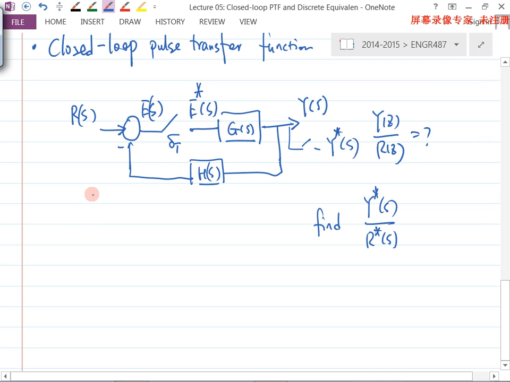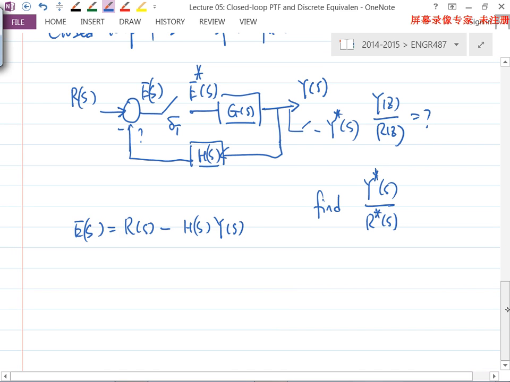So E of S, this error, equals the reference minus the signal here. The signal over here equals this block times Y of S, so H of S times Y of S.